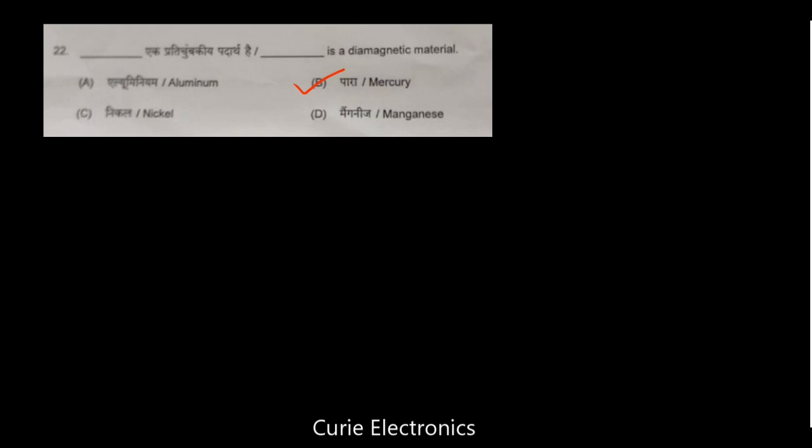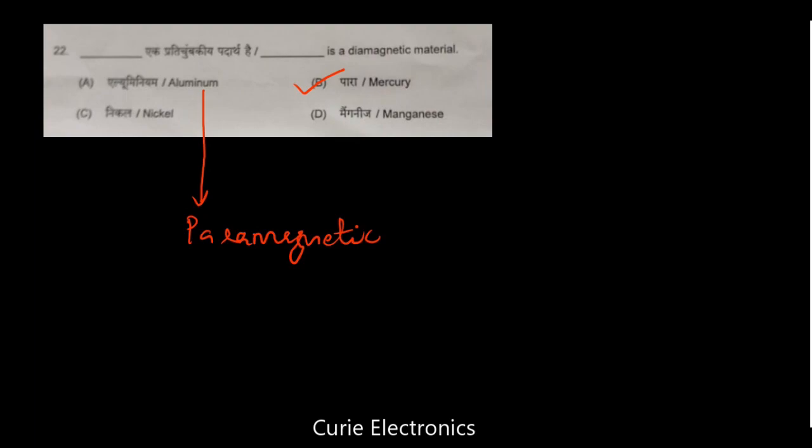This aluminium is paramagnetic. That means slightly it will get magnetized when we place this paramagnetic material in a magnetic field.